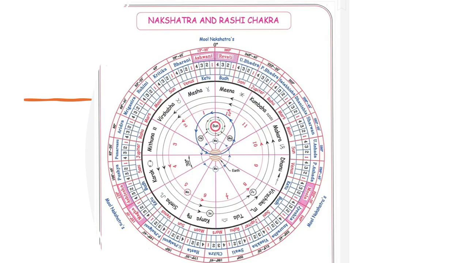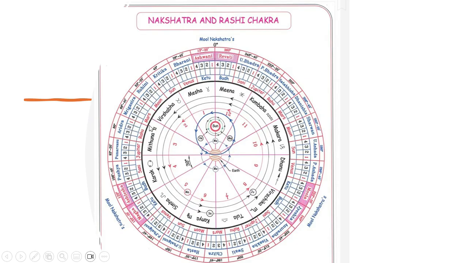If you divide 30 degree by 3 degree 20 minute, you will get 9. So every Rashi can have exactly 9 padas. Every Rashi will have 9 padas. Okay. So in Vrishabha, we have 3 padas of Kritika, then all 4 padas of Rohini, and then 2 padas of Mrigashira.